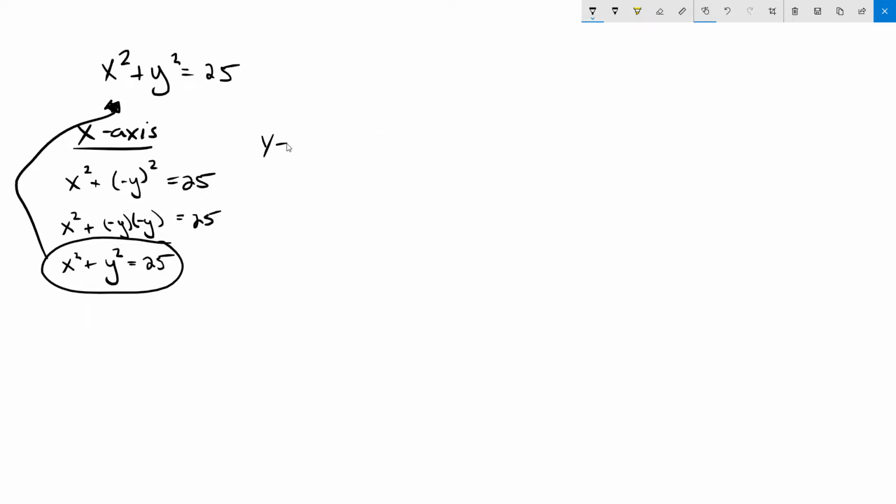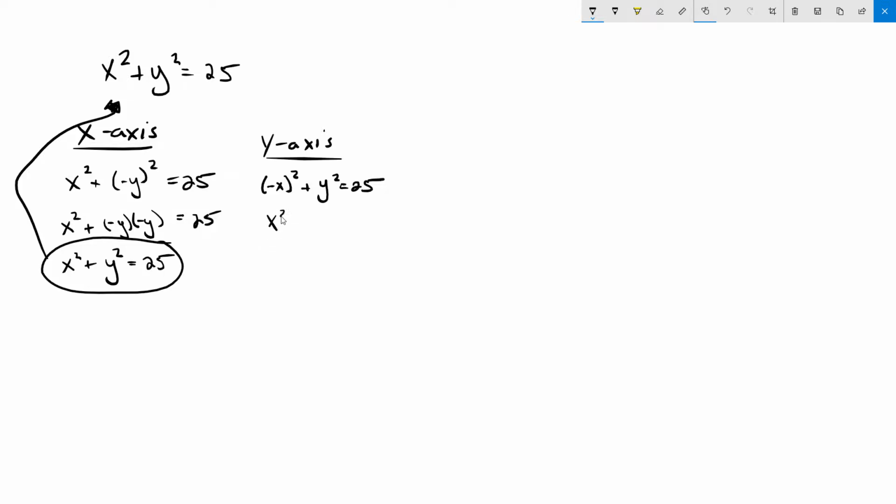Let's go ahead and do some y-axis. So remember, for y-axis we plug in negative x. So we'll do that. Y squared is the same, and so is 25. So here you guys can see that it's pretty much going to be the same thing that happened here, right? You're going to expand it. You have two negatives multiplying, so it becomes a positive, right?